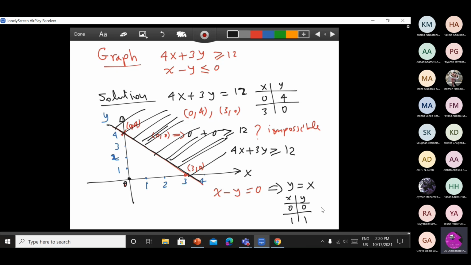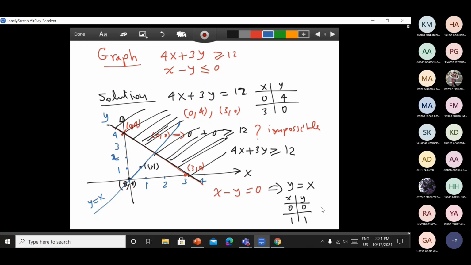So 1 and 1 is here, and this is 0 and 0. Now I'm going to link these two together with blue color.